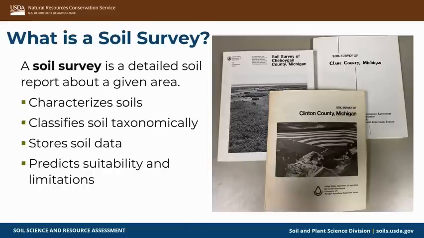These books help you characterize the soil taxonomically, looking at specific soil data such as organic matter, bulk density, etc. Finally, probably the most utilized portion of these soil surveys is predicting suitabilities, offering limitations, and overall interpretations. All of this can be accessed through the web through Web Soil Survey, which I will show later in this presentation.